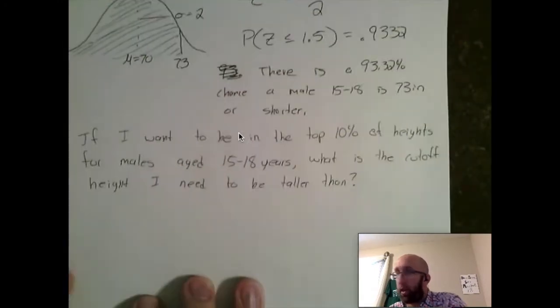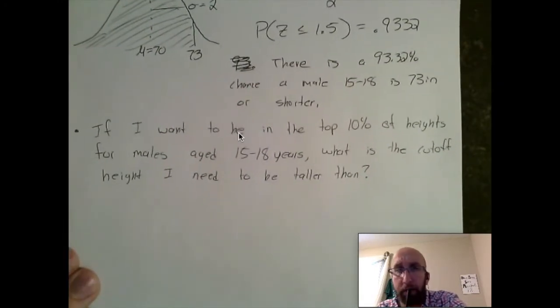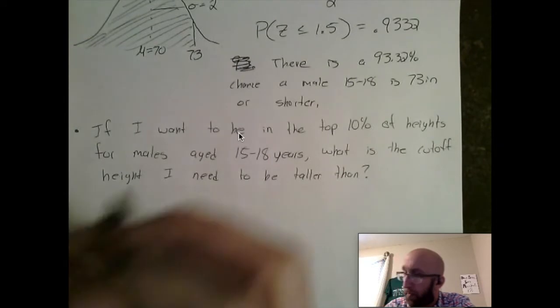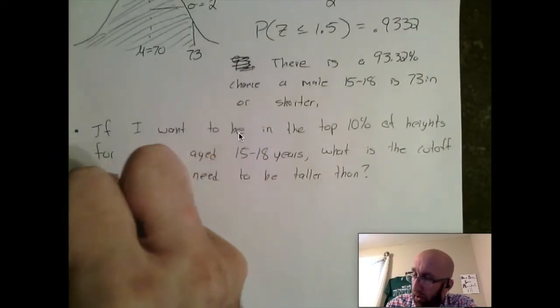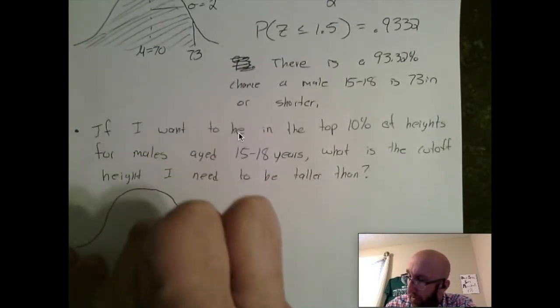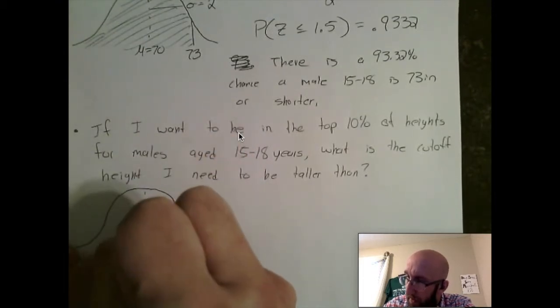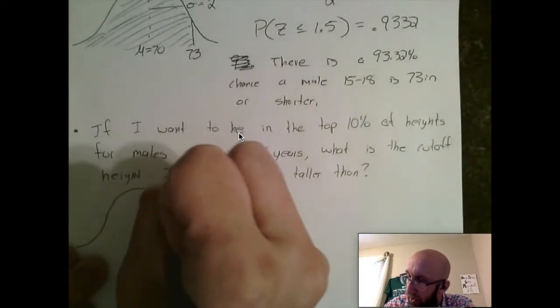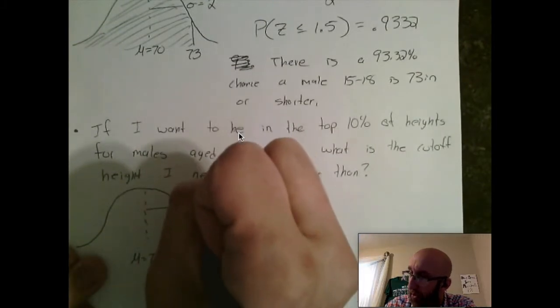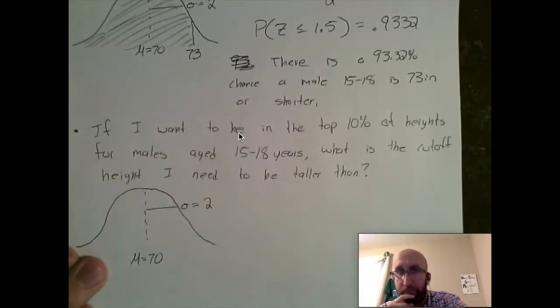One more thing I'm going to do here is another application. If I want to be in the top 10% of heights for males aged 15 to 18 years, what is the cutoff height I need to be taller than? So again, from our introduction paragraph, they did mention things were approximately normal. So I'm going to start with a picture and label that information. They told us the mean was 70, the standard deviation was 2.